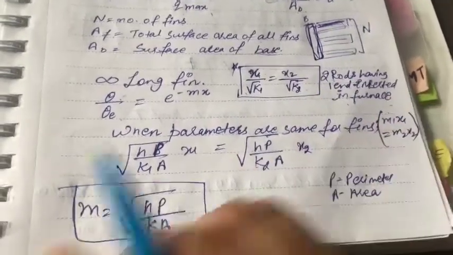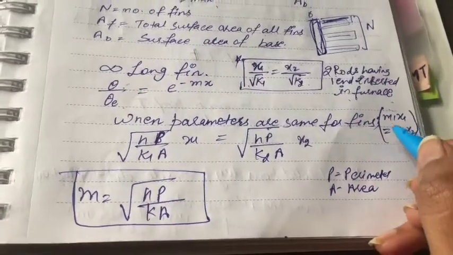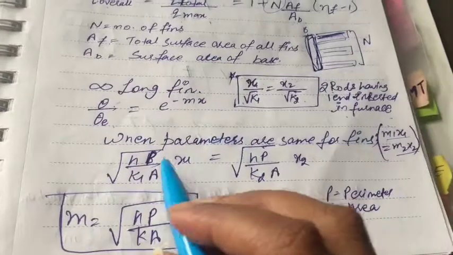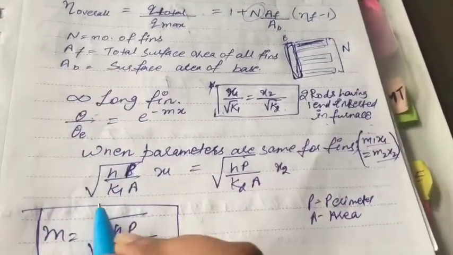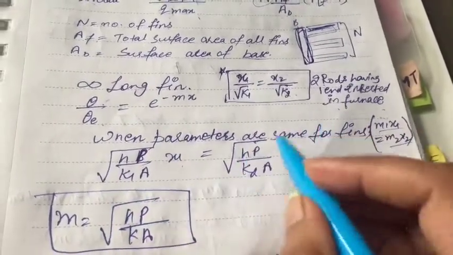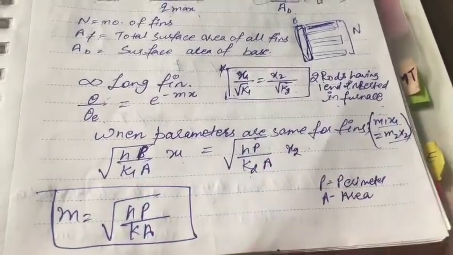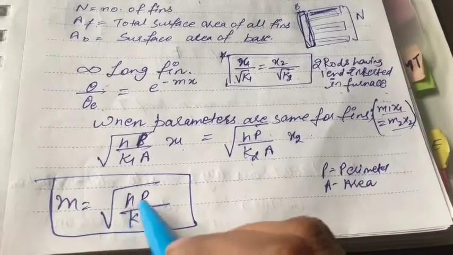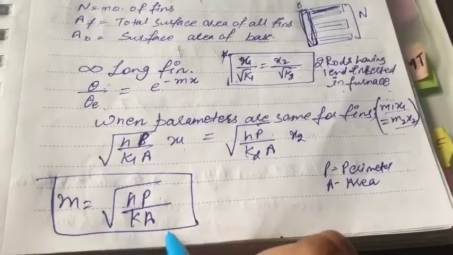When parameters are same for fins, then m1x1 is equal to m2x2. Then in that case, under root h into perimeter upon k1 A x1 would be equal to h into perimeter upon k2 A x2. These would be equal if the parameters of the fins are same, and m is under root h into perimeter upon conductivity into area.